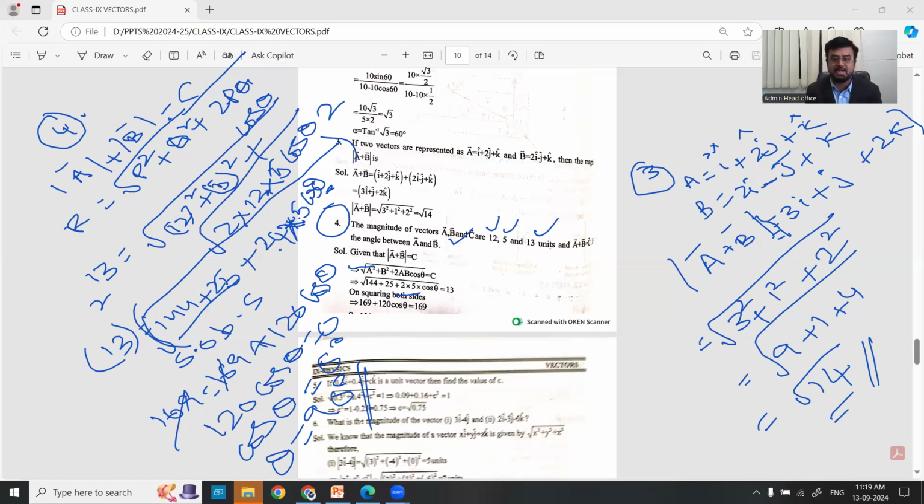The resultant is given as 13 and the two vectors are 12 and 5, and you are asked to find the angle. In the formula, R is equal to the square root of P square plus Q square plus 2PQ cos theta. So 13 is equal to the square root of 12 square plus 5 square plus 2 into 12 into 5 cos theta.